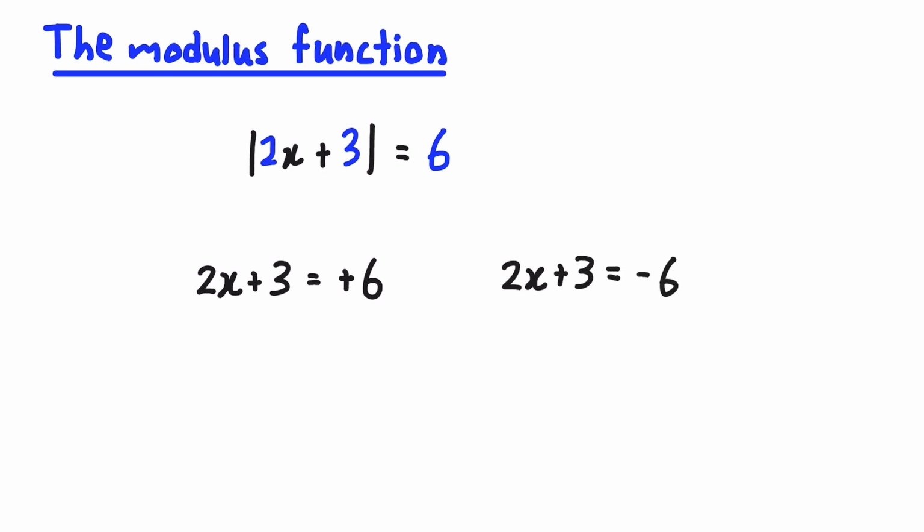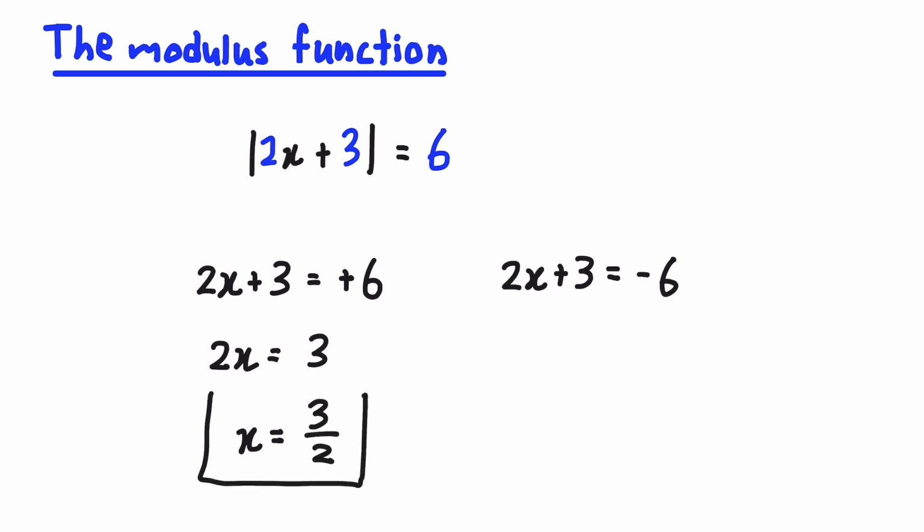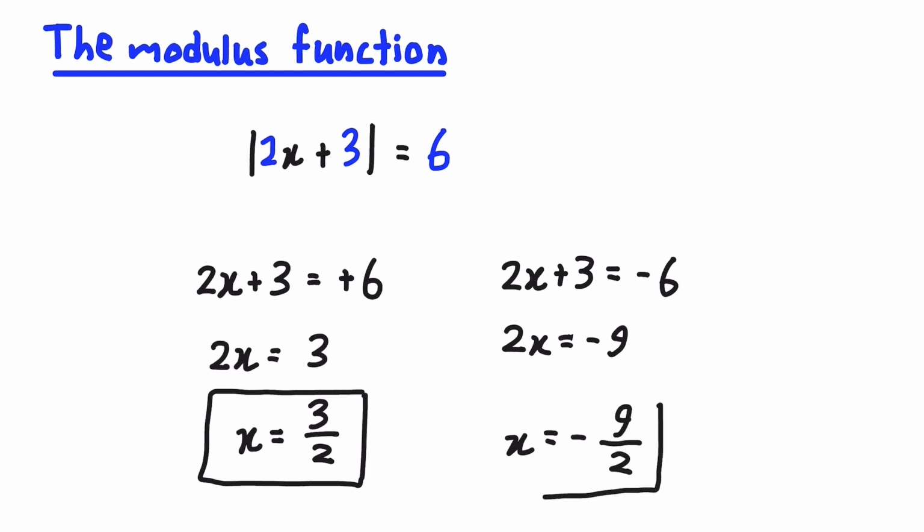So we'll do algebra: 2x equals 3, so x equals 3 over 2, that's the first value of x, and 2x will equal negative 9, so x will equal negative 9 over 2. So here we found the value of x by doing 2x plus 3 equals plus 6 or negative 6.